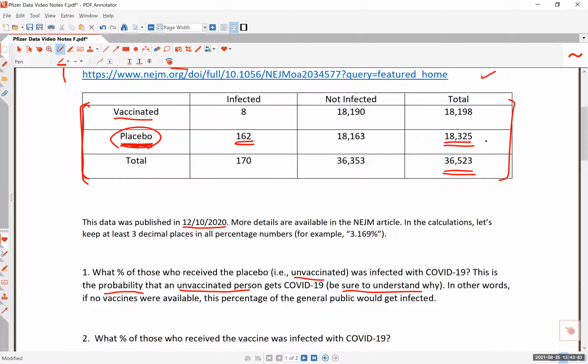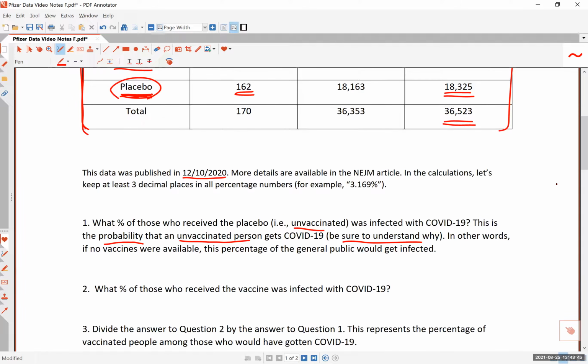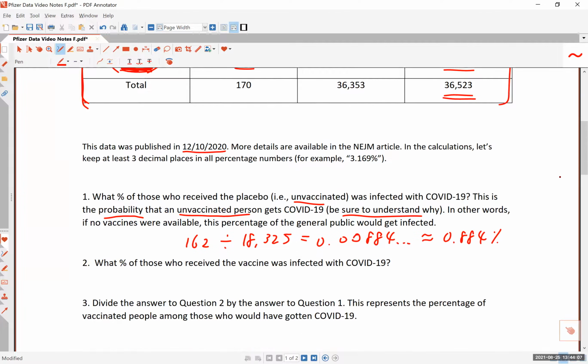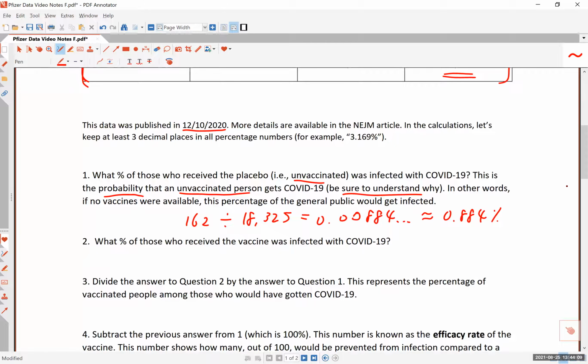It is 162 out of 18,325. All you had to do was calculate 162 divided by 18,325, and this turns out to be approximately 0.00884. And so you can say 0.884% of the general public in the late part of 2020 were getting infected with COVID.